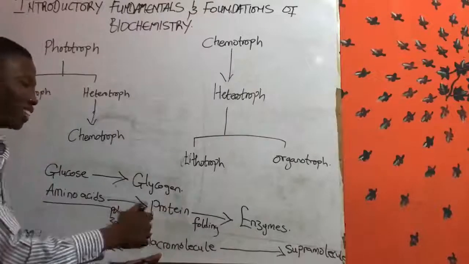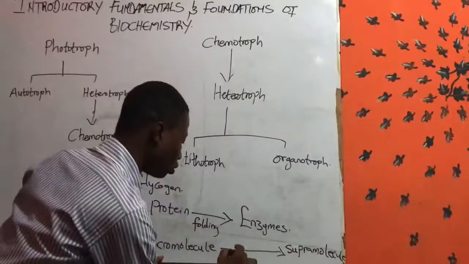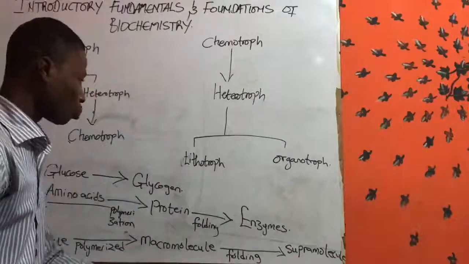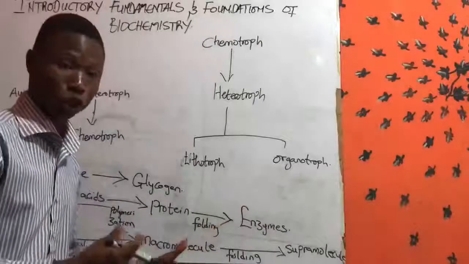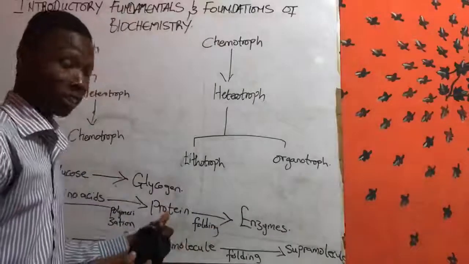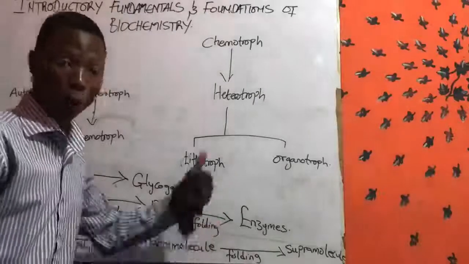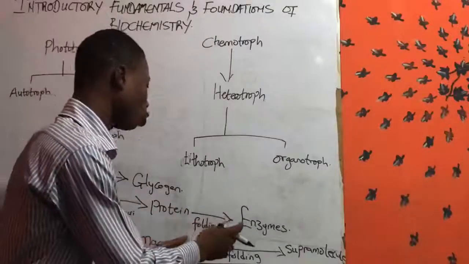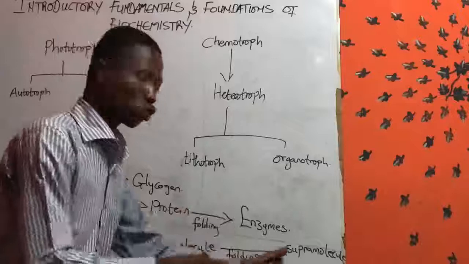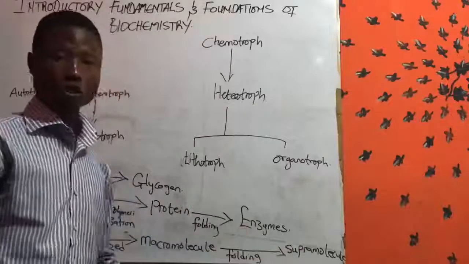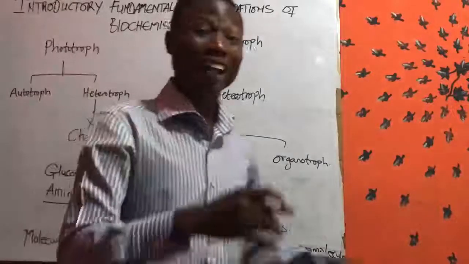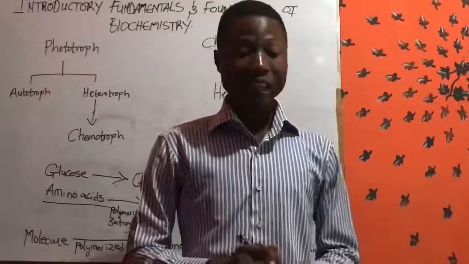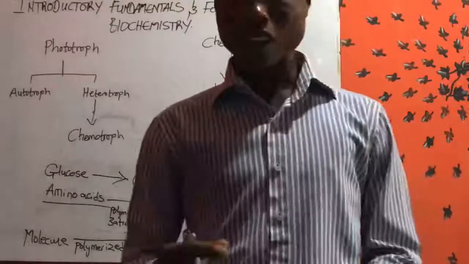Now, my protein can then fold into three-dimensional functional protein complexes, such as enzyme, hormone, like I said earlier on. So my protein can fold together to form supramolecules, such as enzymes, hormones, organelles, membrane layers, and a lot of other things. So that's that about that.